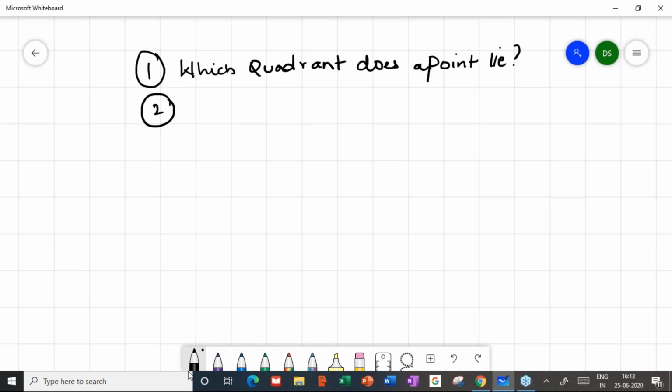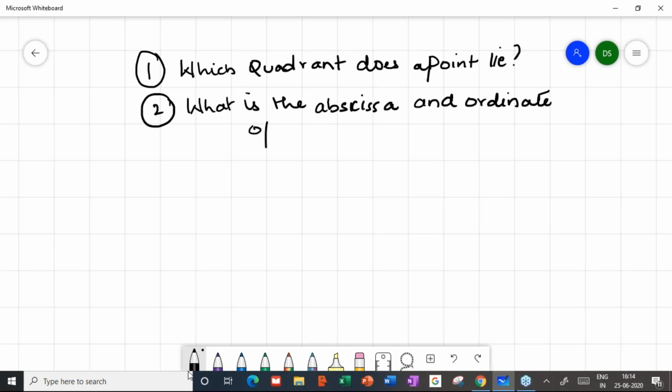Then they'll ask you what is the abscissa and ordinate of a point. Right? The third thing they are going to ask you is location of a point.